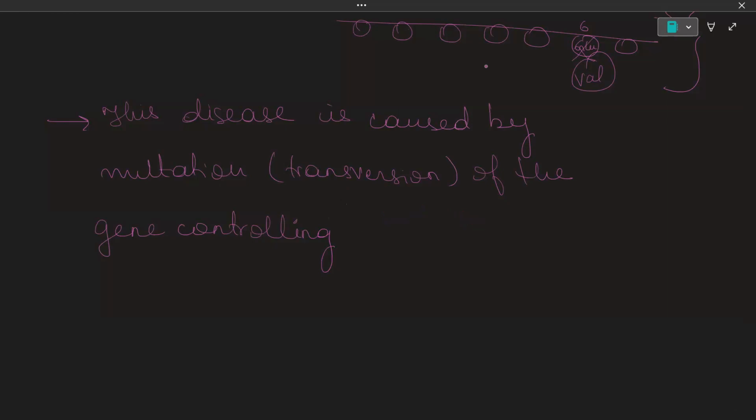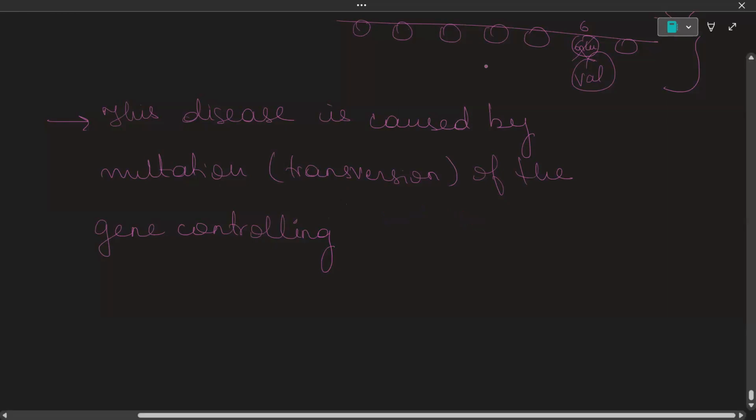Okay. So this disease is caused by mutation. Which type? Transversion mutation of what? Of the gene controlling the beta chain of hemoglobin.